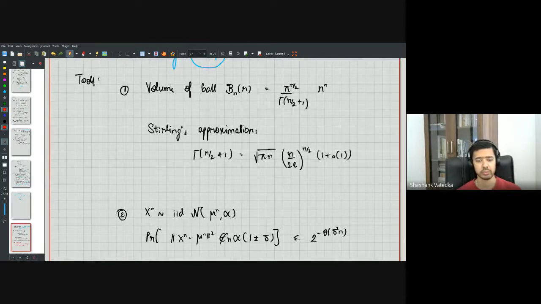The first statement is a bound on the volume of an n-dimensional ball of radius r.